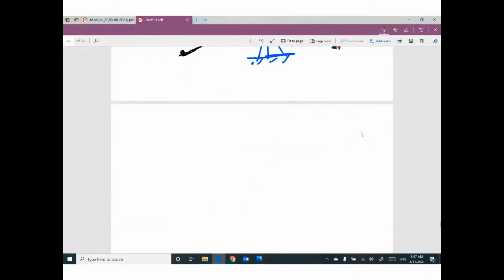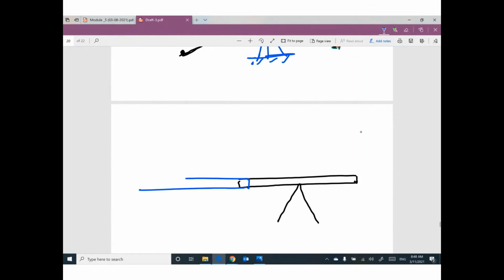So please pay attention. If you have this balance swing is horizontal and is connected to another balance swing by hinge or pin.